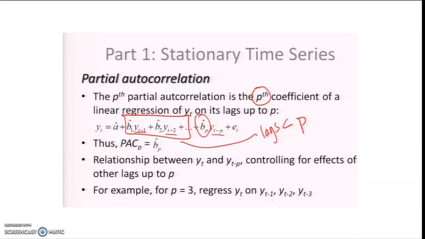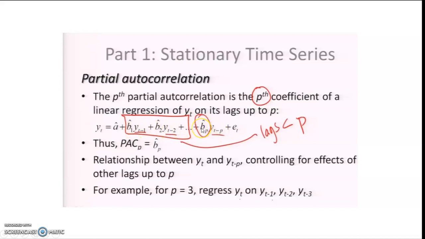Now what is the partial autocorrelation function? If we have this function, yt is equal to a hat plus b1 hat yt minus 1 plus b2 hat yt minus 2 plus up to bp yt minus p plus et. Now in this case the pth partial autocorrelation is the pth coefficient of a linear regression of yt on its own lags up to lag p.